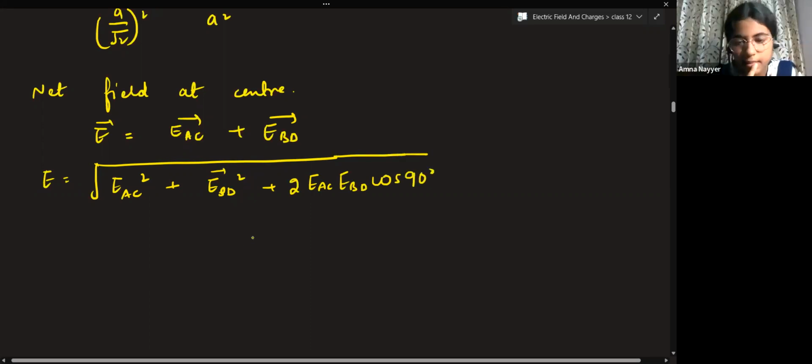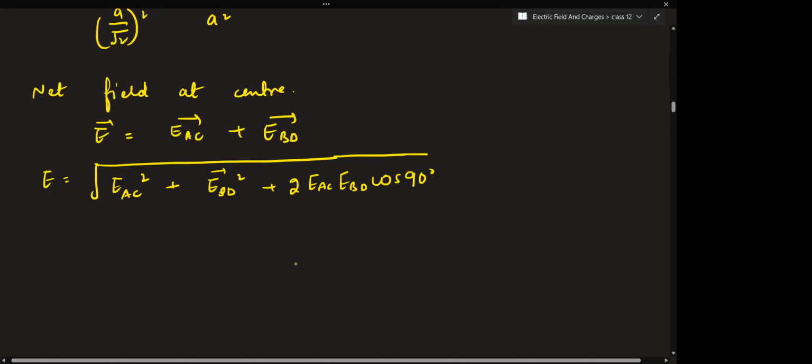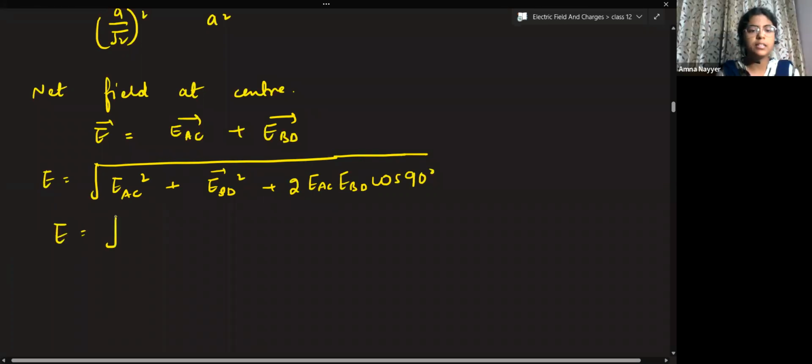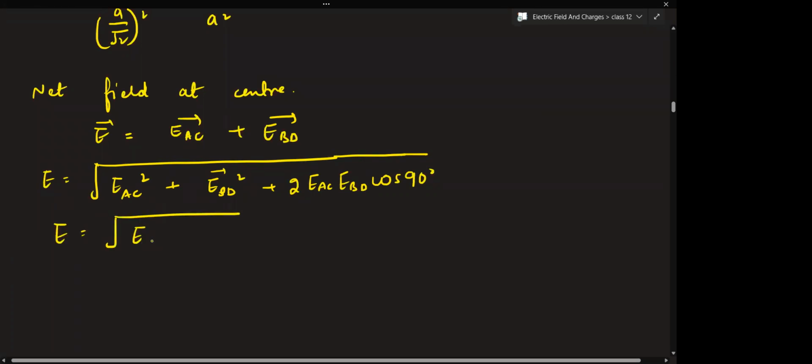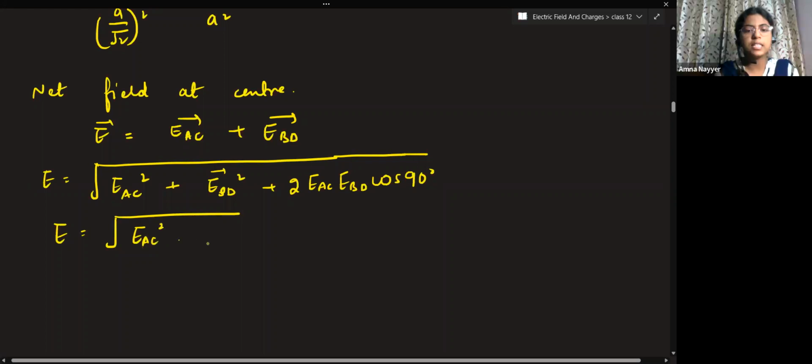And cos 90 is 0. So E will directly be under root EAC whole square plus EBD whole square. If you remember your parallelogram law, you must have done it in this way: P square plus Q square plus 2PQ cos theta. Similarly, what I have written over this side.